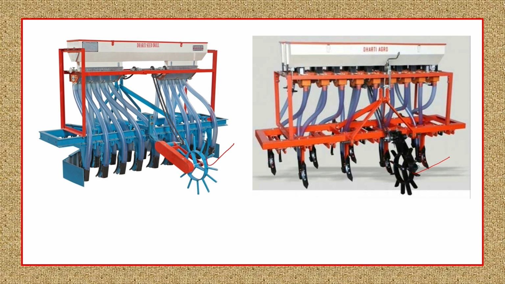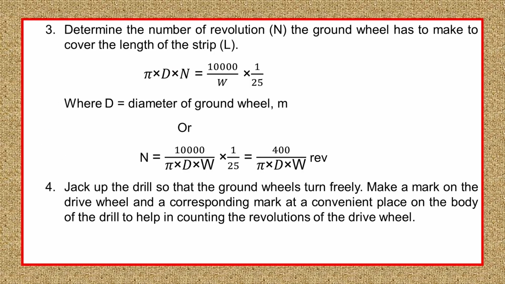Once it is jacked up, we will mark on the drive wheel somewhere with the help of a marker, and we will also mark a corresponding mark on the implement as well. It will help to count the number of revolutions the drive wheel will make. So jack up the drill so that the ground wheel will freely turn.